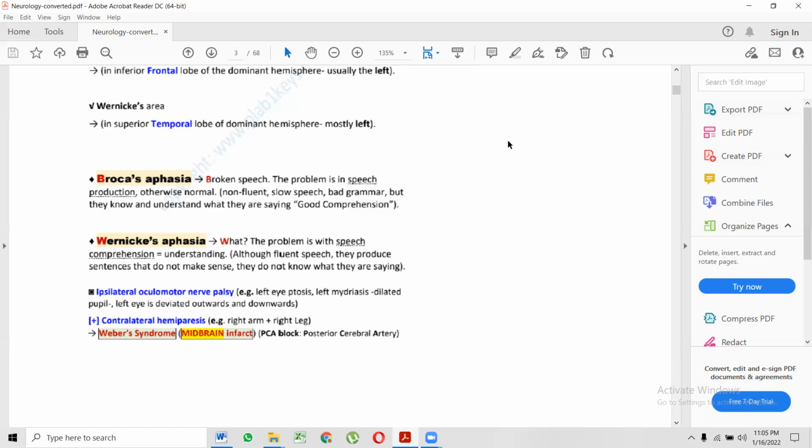Brainstem is a part of the brain which consists of three parts: midbrain, pons, and medulla. So out of 12 cranial nerves, 10 arise from the brainstem.